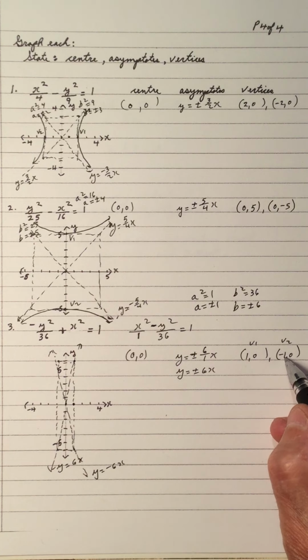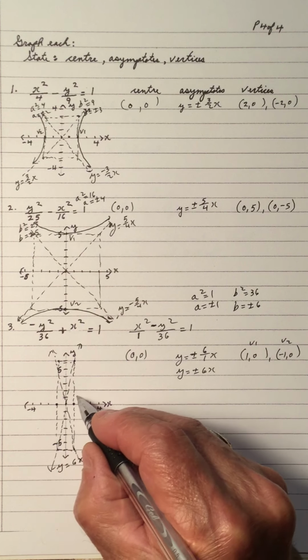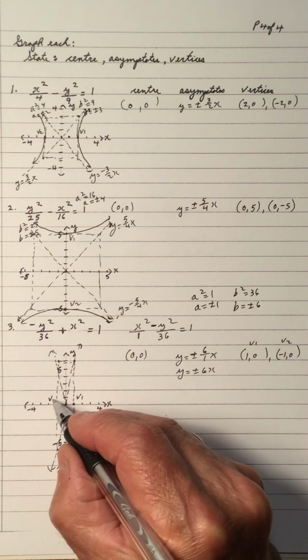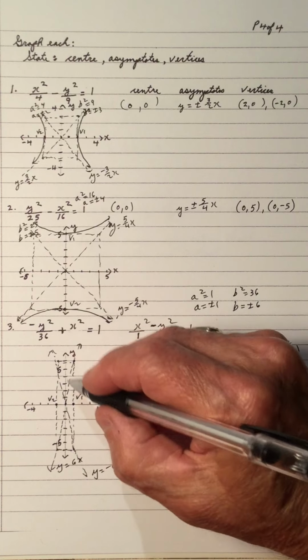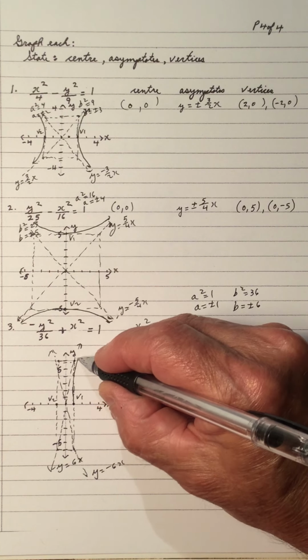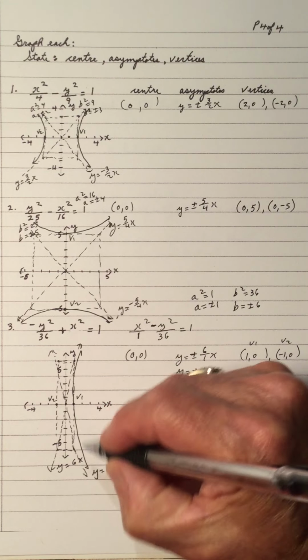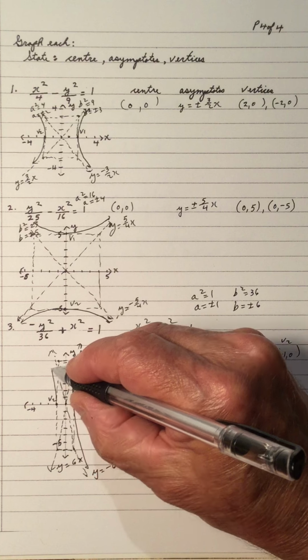And the other vertex is negative 1, 0 there, so this is the V1, this is the V2. So this is the x-intercept, so it leaves and goes out like this. The other side.